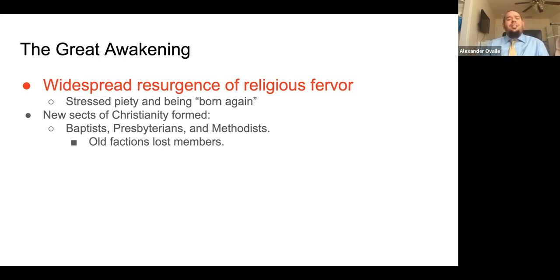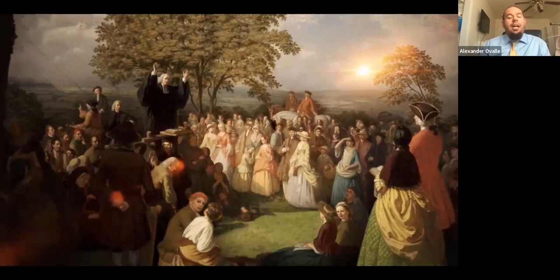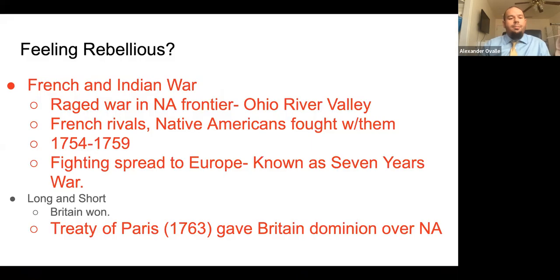And old factions soon lost their members. Here you have a picture of one of these revival meetings, with John Wesley giving a sermon.